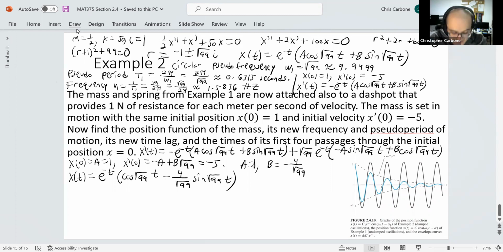So based on that, we have that the amplitude C sub 1 times e to the negative t would be equal to the square root of 1 squared plus negative 4 over the square root of 99 squared, times e to the negative t.